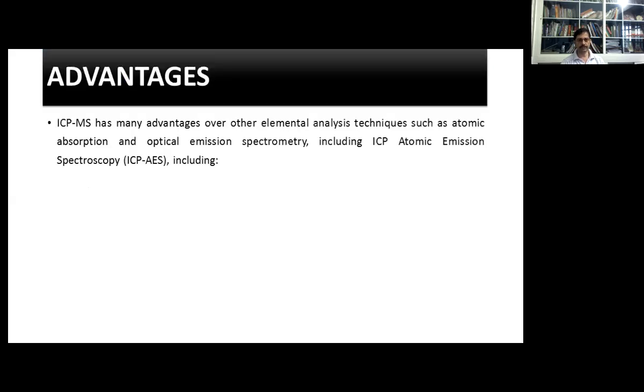Regarding the advantages of ICP-MS, ICP-MS has many advantages over other elemental analysis techniques such as, say, atomic absorption and optical emission spectrometry, including ICP atomic emission spectroscopy or ICP AES.